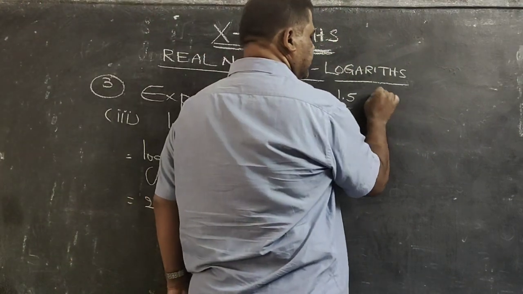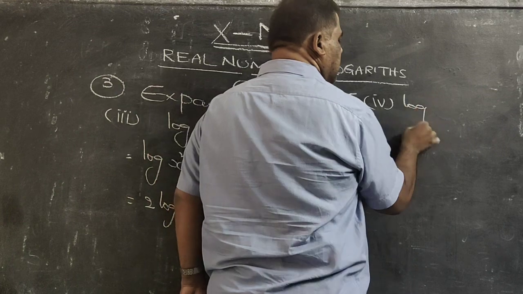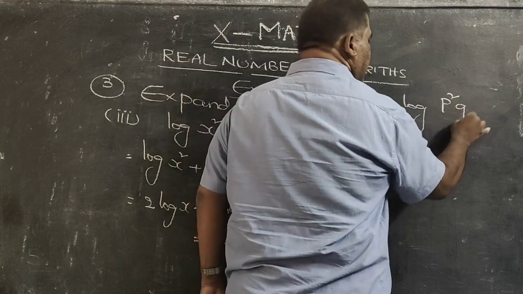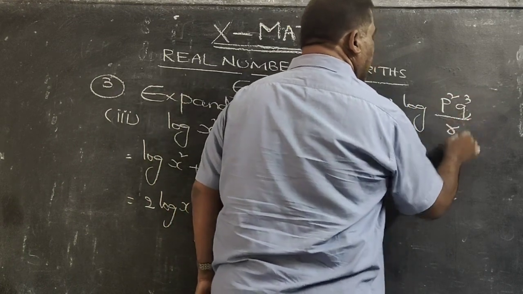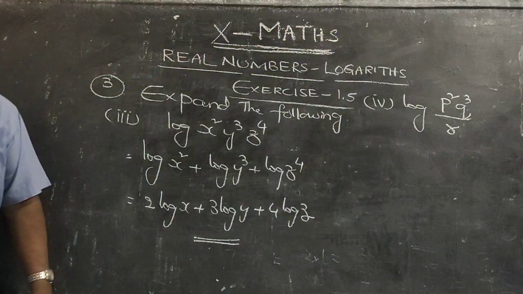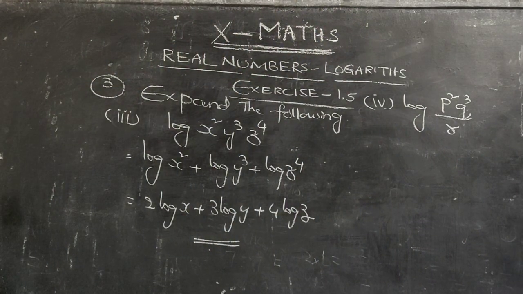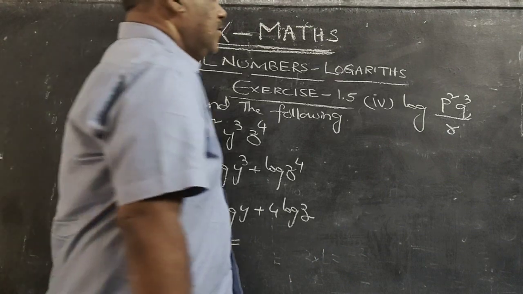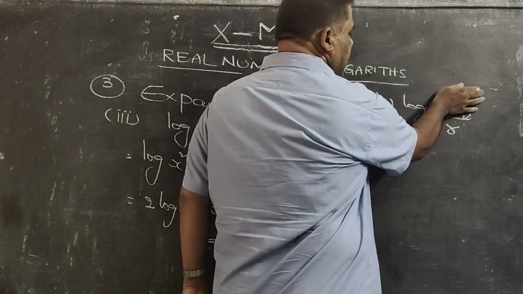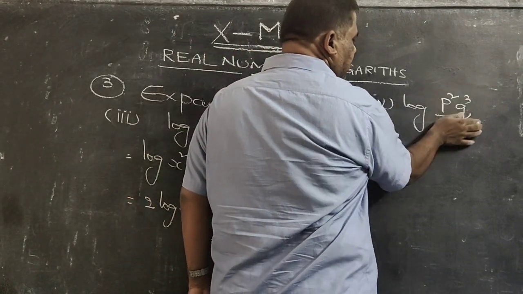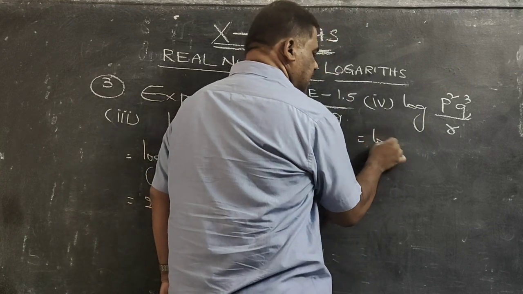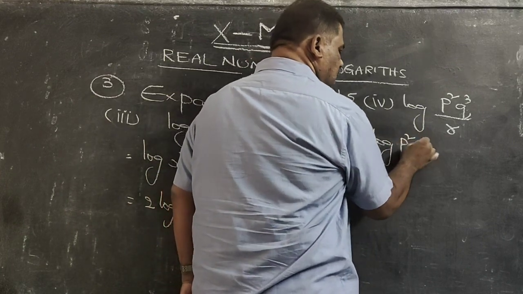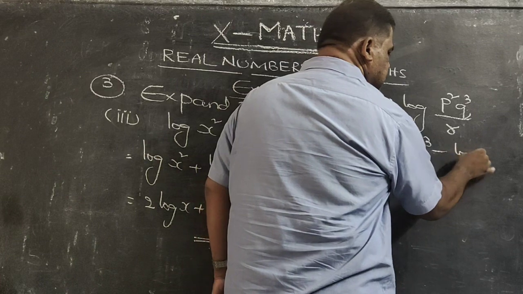Fourth bit, log p square q cube by r. First we have to use the formula, log a by b formula, this is a, this is b. Log a by b formula is log a minus log b.